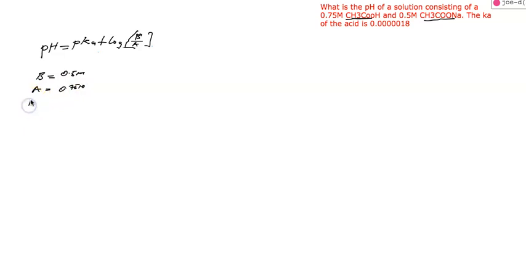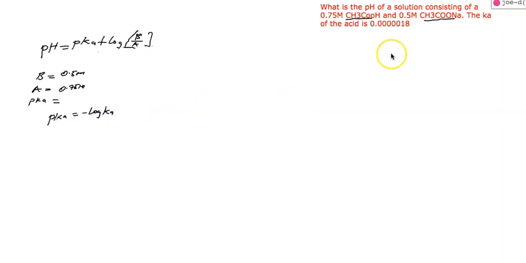We do not know pKa in the question. So we can go ahead and first of all find pKa and plug that into the equation to work out the pH. Now, how can we work out pKa? We know that pKa equals negative log of Ka.